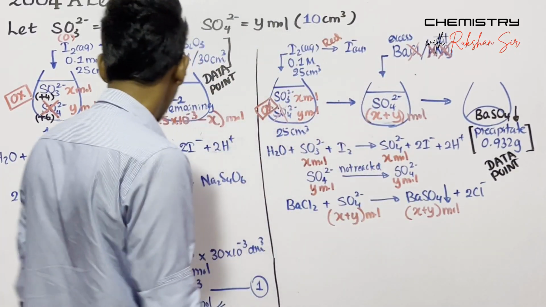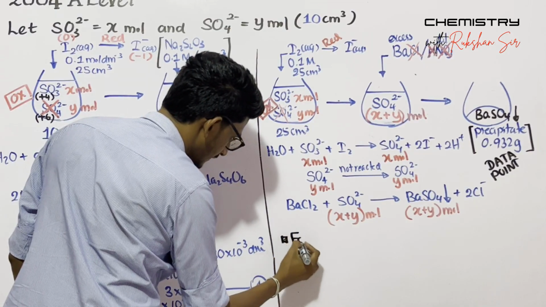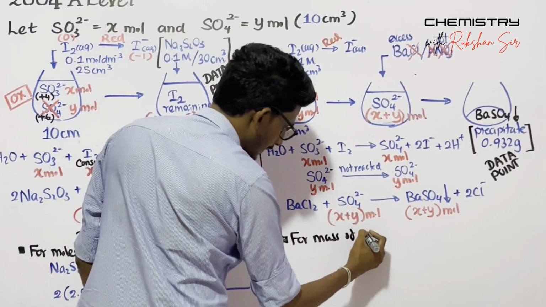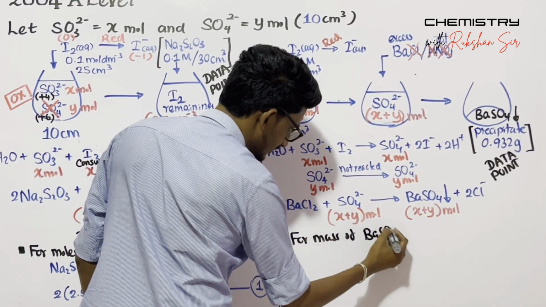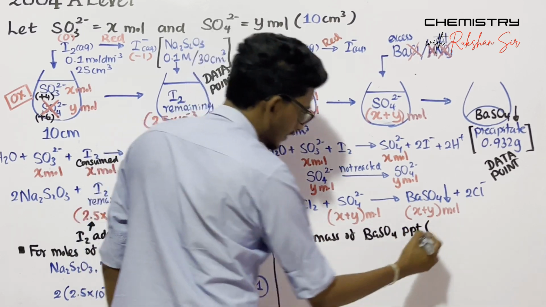Let's come up with the equation for the mass of the barium sulfate precipitate, in grams.